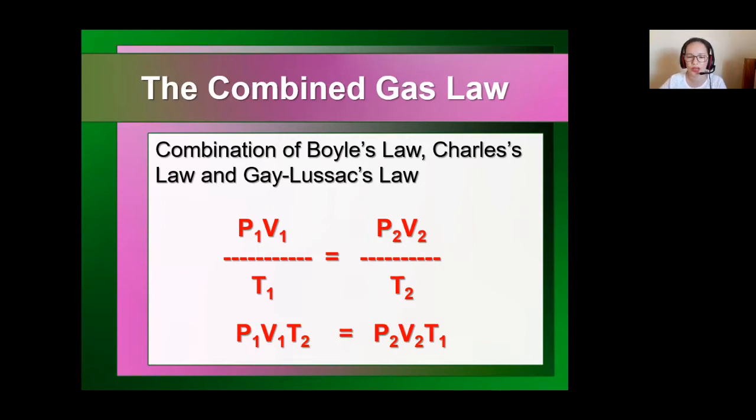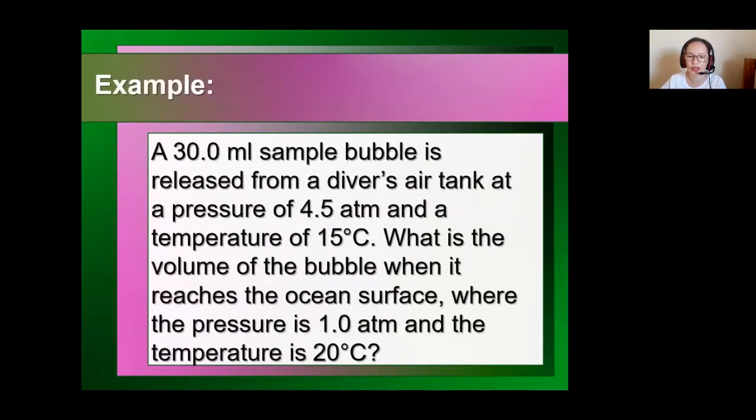For the combined gas law, say for example, we have a 30 milliliter sample of bubble released from a diver's air tank at a pressure of 4.5 atmospheres and a temperature of 15. What is the volume of the bubble when it reaches the ocean surface, where the pressure is 1 and the temperature is 20?